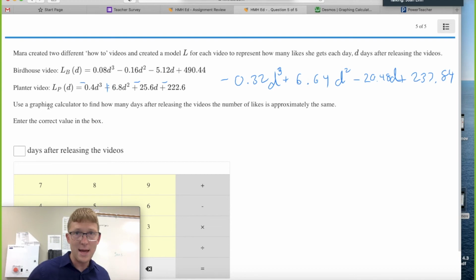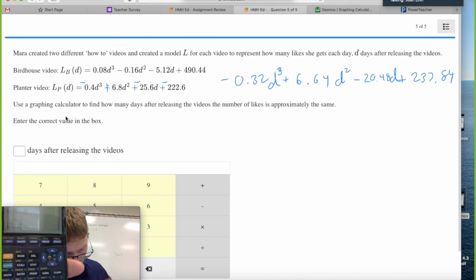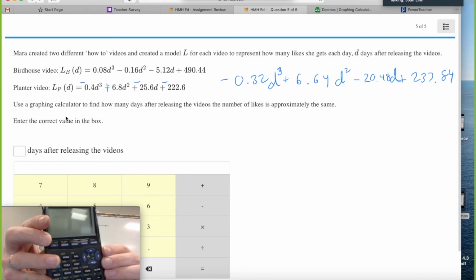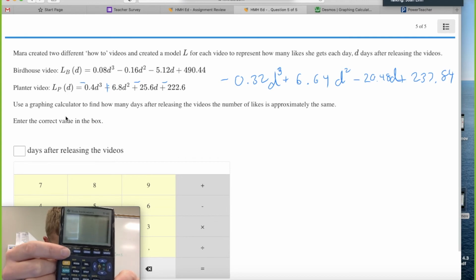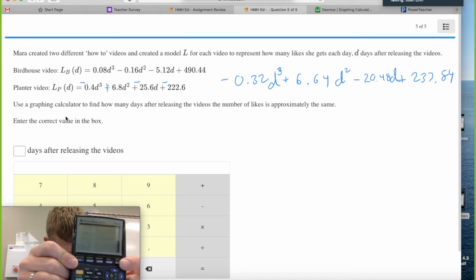So now from that, we're just going to plug that into our calculator. So I don't know if you can see mine or not, but again, you're just going to use this button right here, y equals, plug that in, and then use the graph.